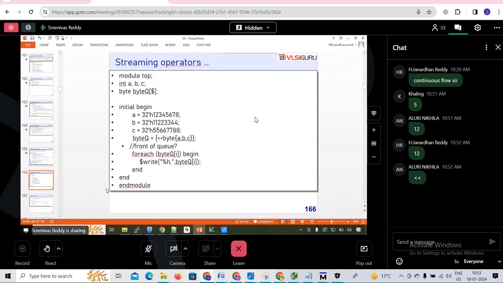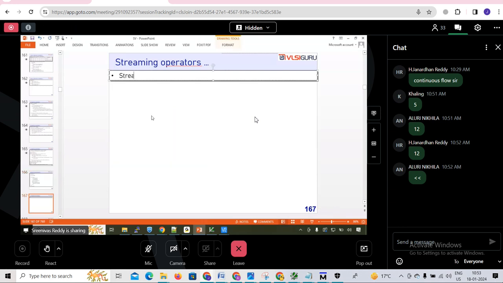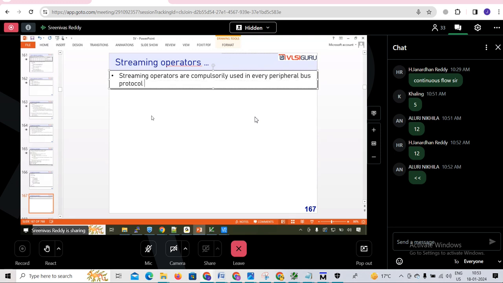So this is about streaming operators. Streaming operators are useful or compulsorily used in every peripheral bus protocol based design.